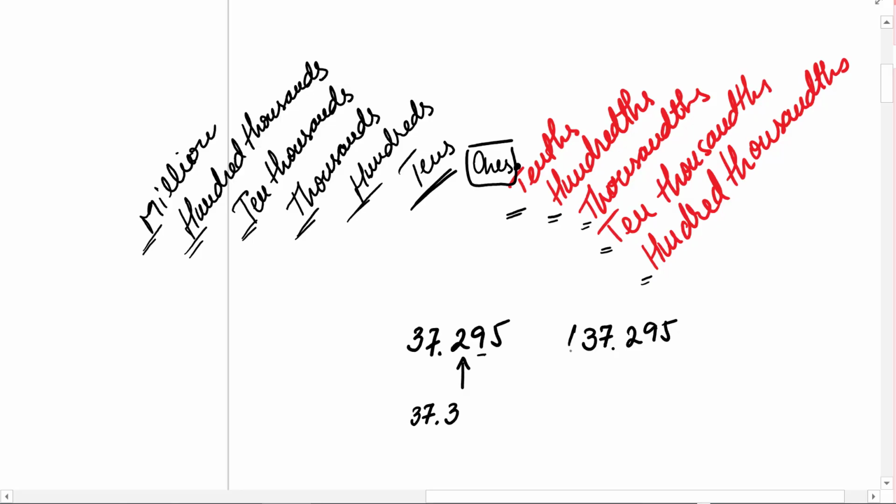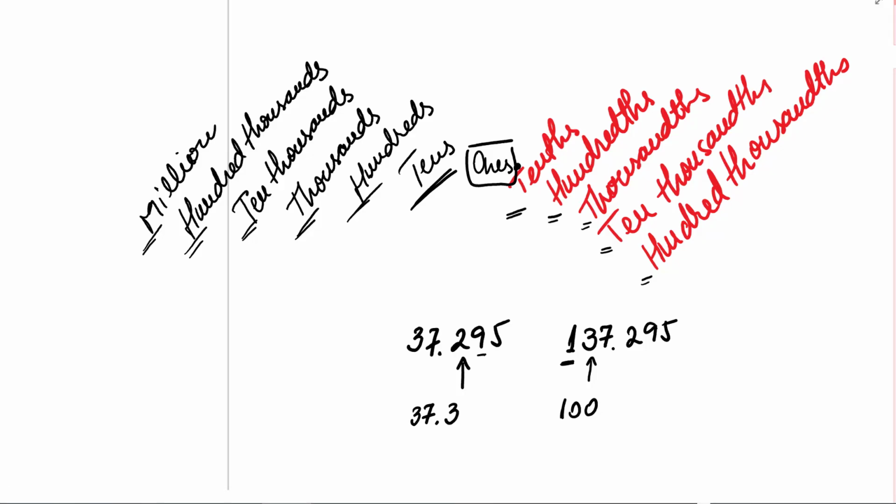Actually, let's say 137.295, and I want to round it to the nearest 100. I am looking at the next number, and because it's less than 5, we are just going to say 100. Or you can say 137.295 is closer to 100 than to 200. So that's why we don't increase that.